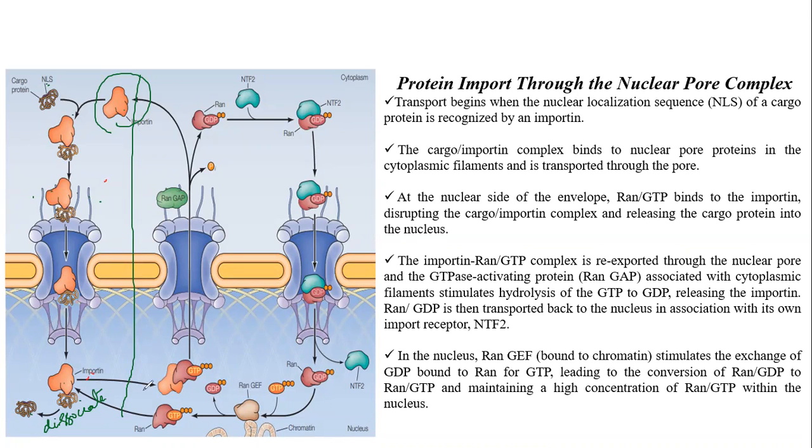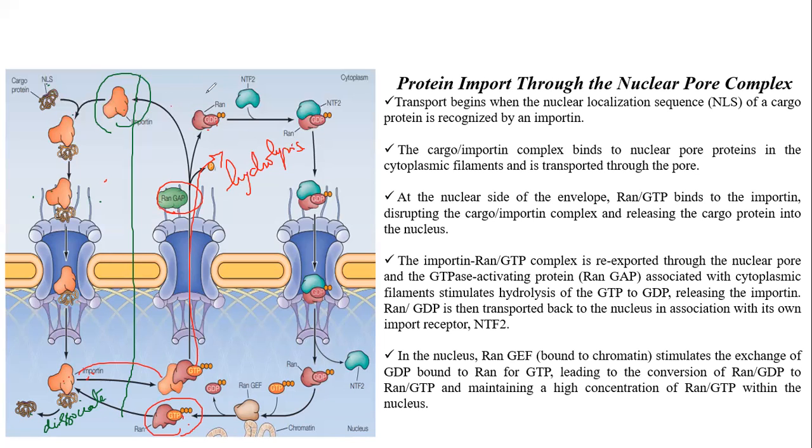So this RAN GTP comes and binds to this importin. Now importin bound with RAN GTP is carried outside, where the dissociation happens, meaning RAN GTP is hydrolyzed with the help of RAN GAP. Now importin has come outside. Correct? Now this RAN GDP is there.